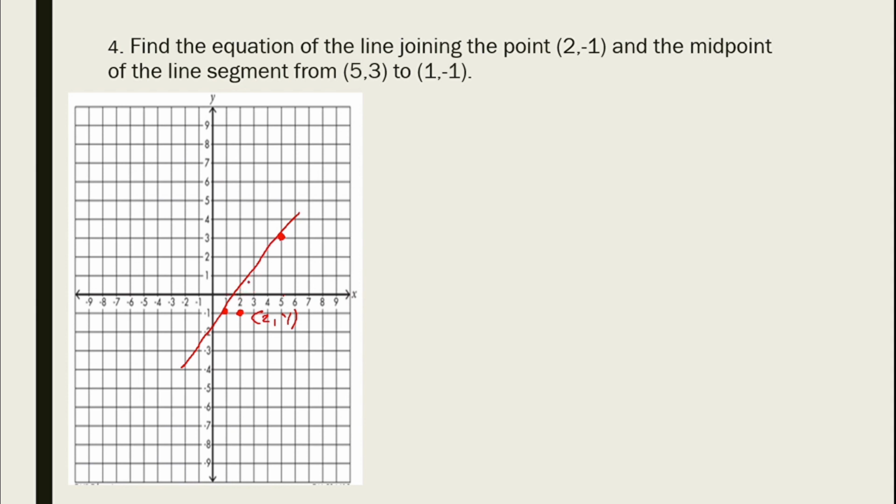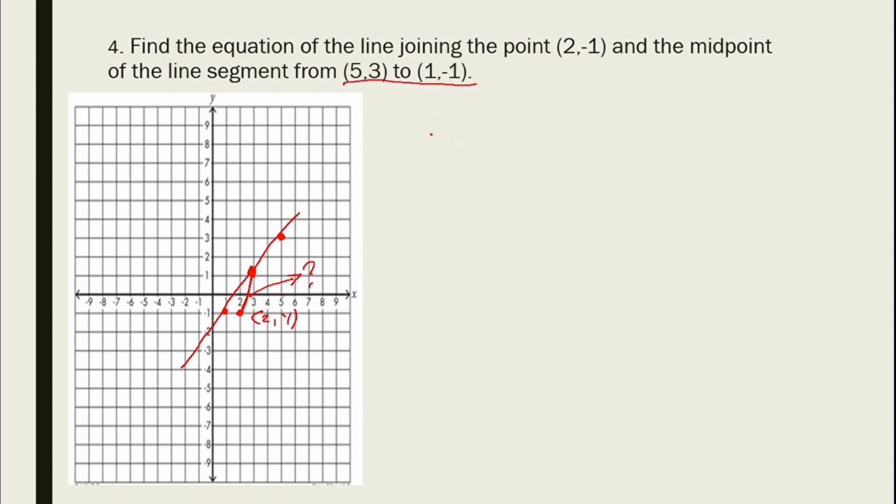Okay, so this is the midpoint, and we need to connect it with this line. So this is the line that we are solving. What is the equation of the line joining the point and the midpoint of 5, 3 and 1, negative 1? First, we need to find the midpoint of this part.